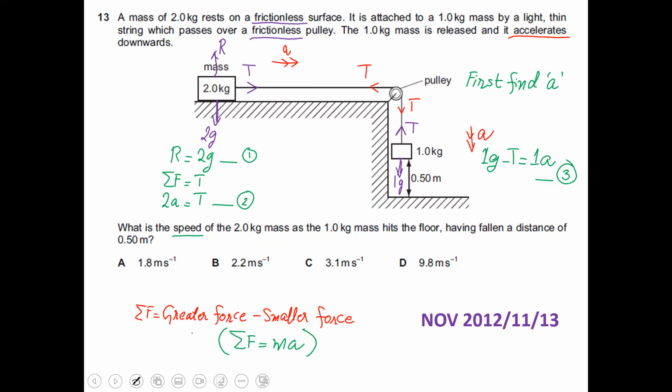This time there is no friction, so tension will be equal to the resultant force. Now you people have to solve simultaneously to get rid of T. Please solve it simultaneously and find the acceleration.